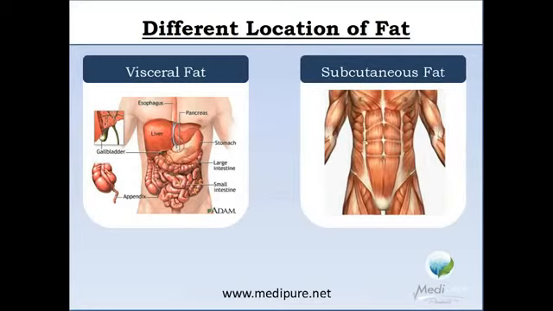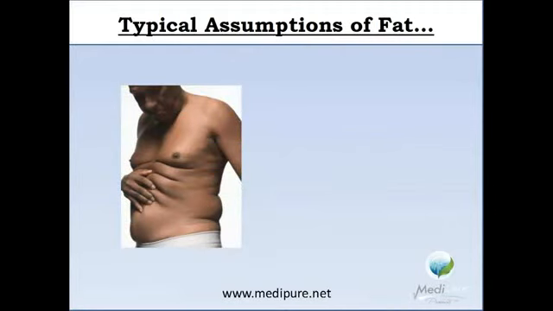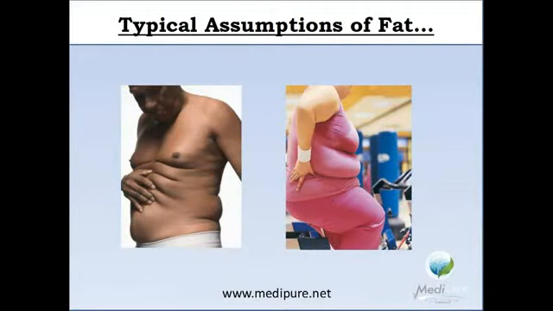We then have subcutaneous fat, which is the fat that lies outside of the muscles. So you can think, for example, of the abdominal area, fat that might be between the skin and the muscle itself.